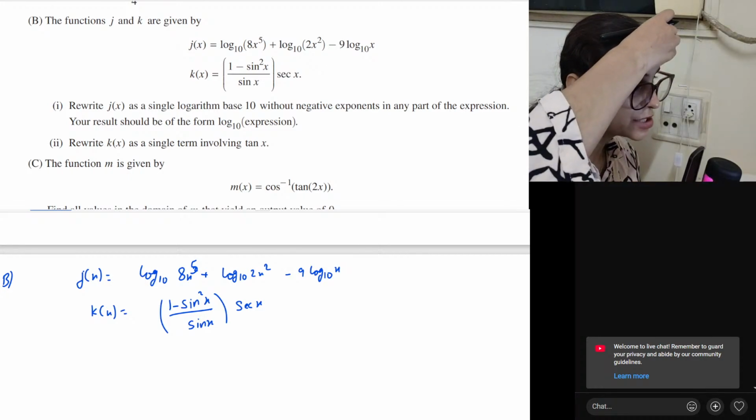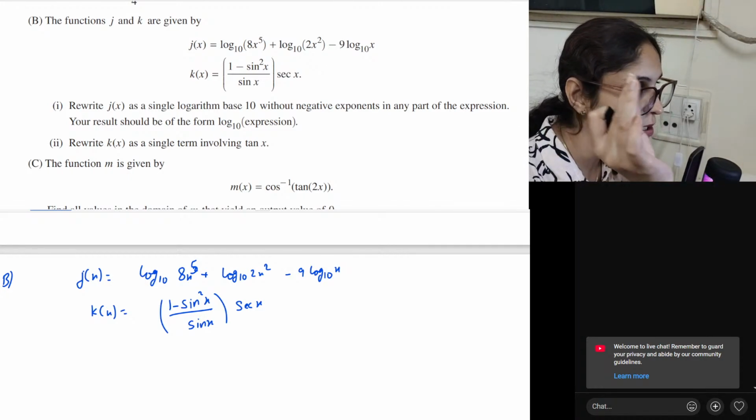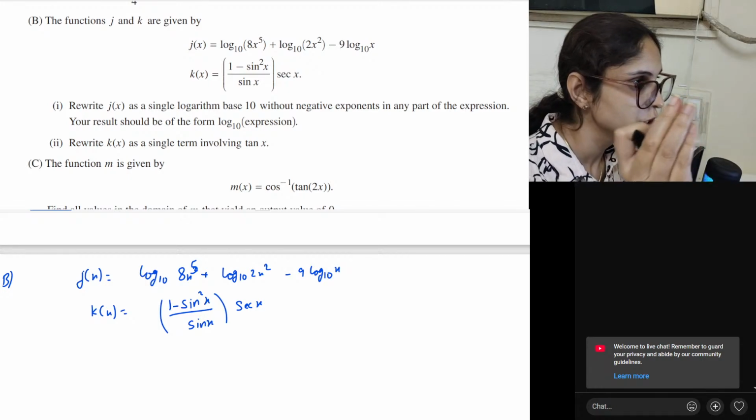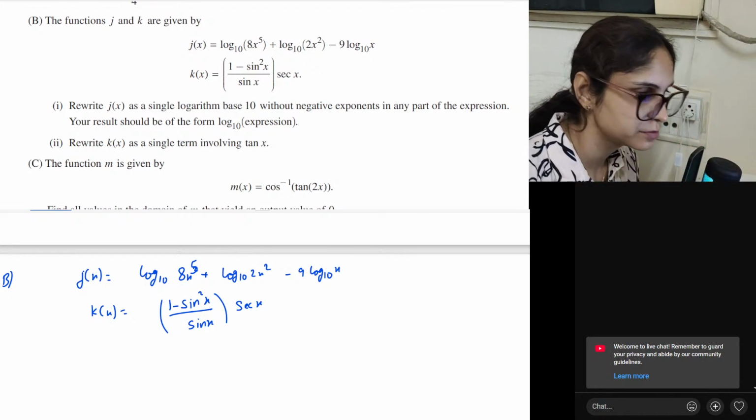Rewrite j of x as a single logarithm base 10 without negative exponents in any part of the expression. Your result should be of the form log base 10. Okay, so let's do that.